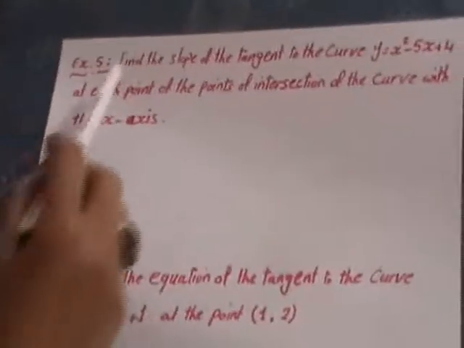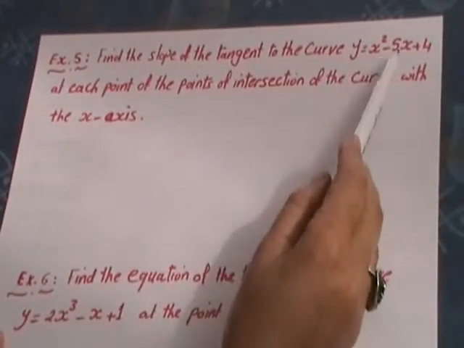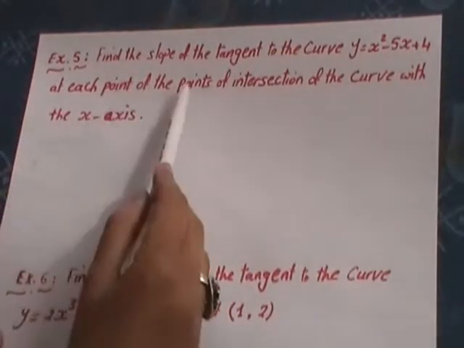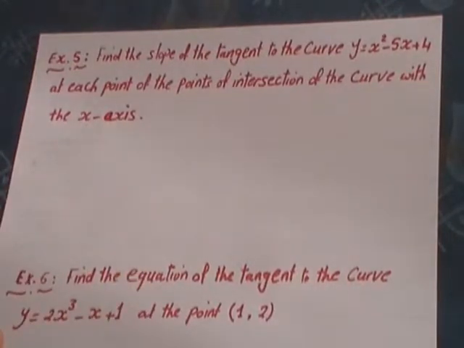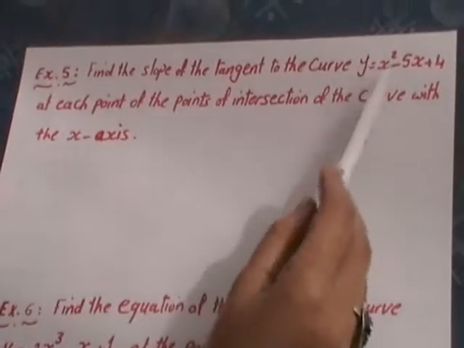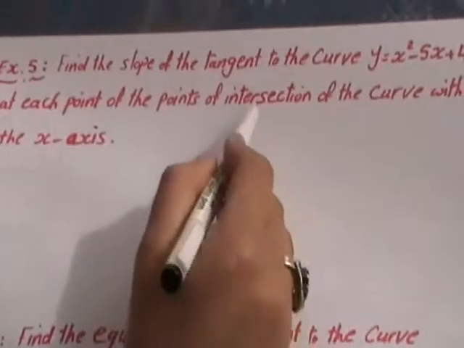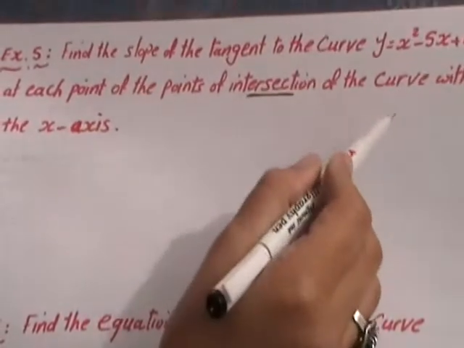Example 5. Find the slope of the tangent to the curve y equals x squared minus 5x plus 4 at each of the points of intersection of the curve with the x-axis. He asked me to find the slope. What is the meaning of the intersection with the x-axis?